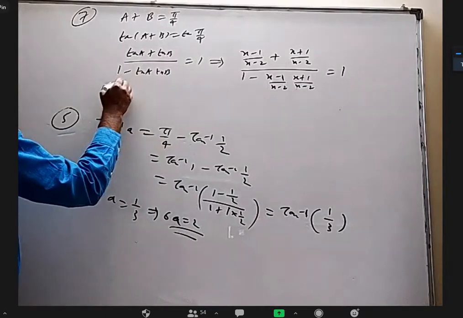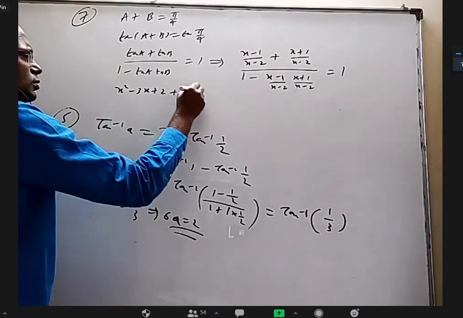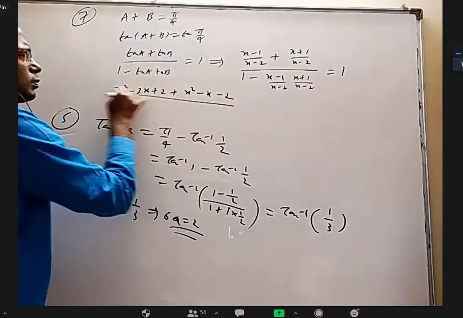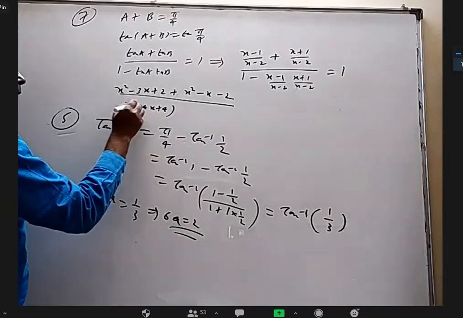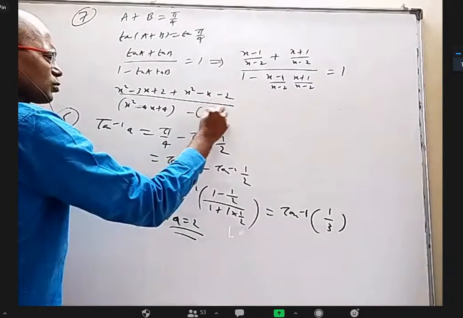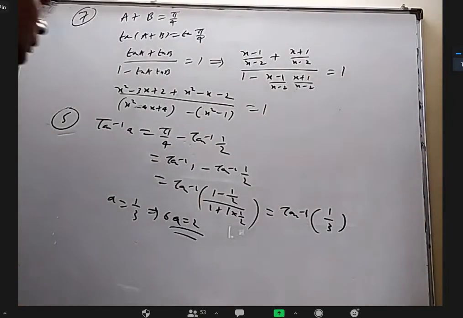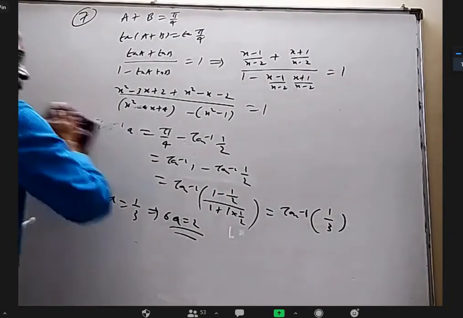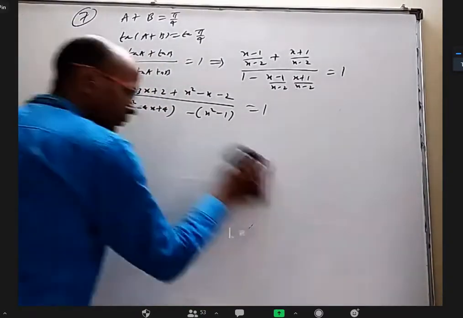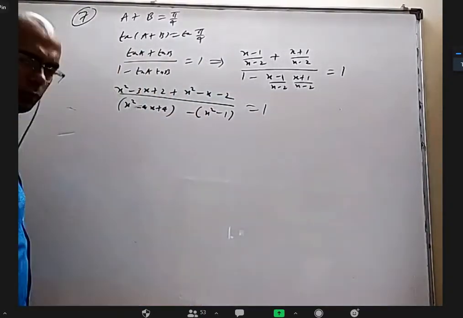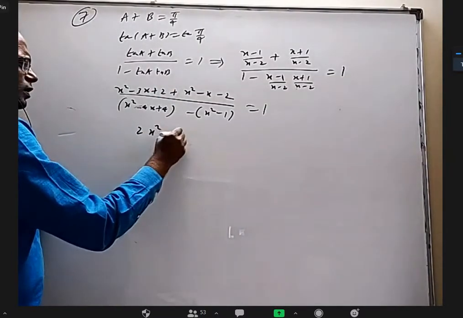So when I do cross multiplication, I'll get (x square minus 3x plus 2 plus x square minus x minus 2) by (x square minus 4x plus 4) minus (x square minus 1) equal to 1. Here it is 2x square minus 4x.